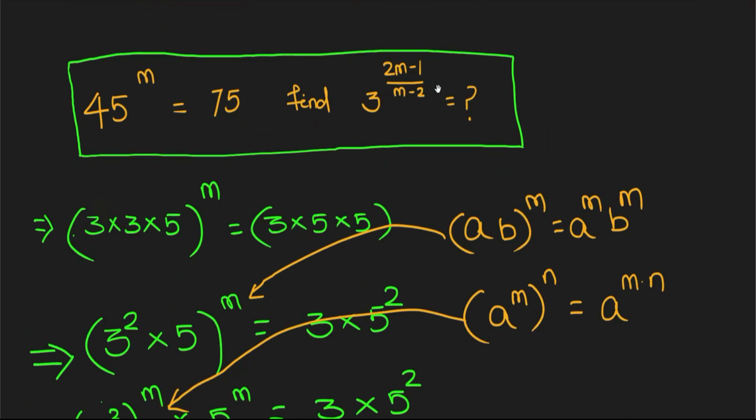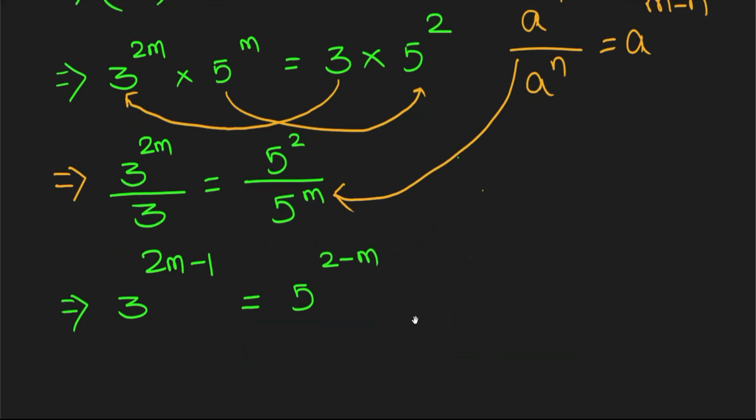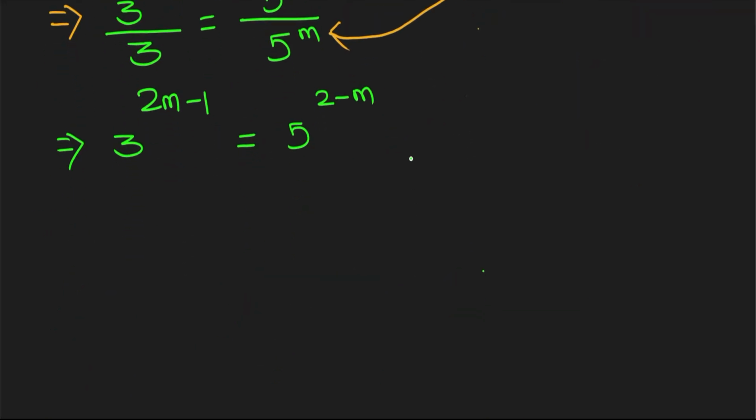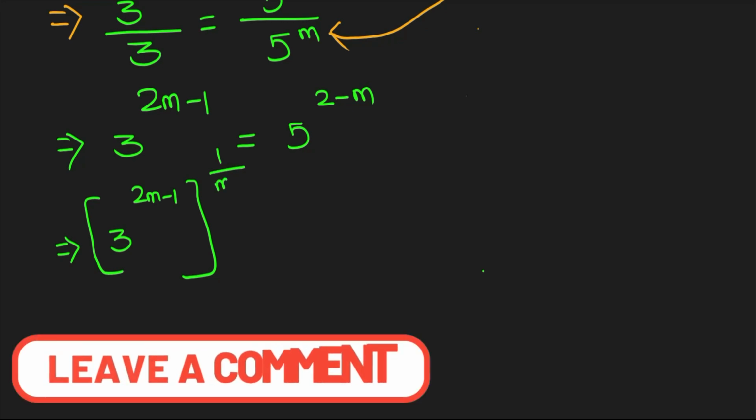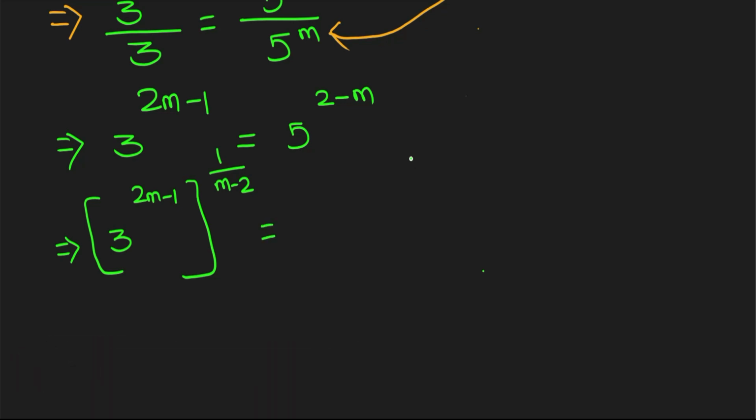Here the question is, we need to find out the value of 3 to the power (2m minus 1) divided by (m minus 2). Then we need to write this equation as (3 to the power 2m minus 1) whole to the power 1 by (m minus 2). If we are doing to the power 1 by (m minus 2) on the left hand side of the equation, then we need to do the same on the right hand side.